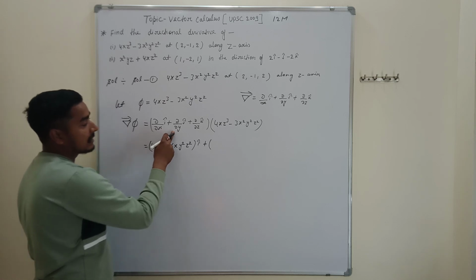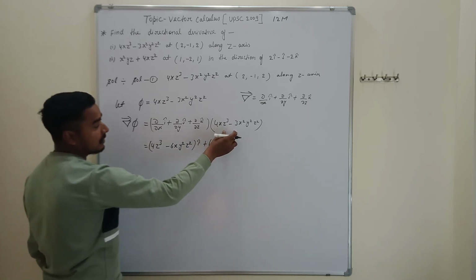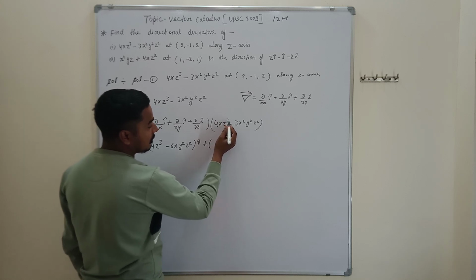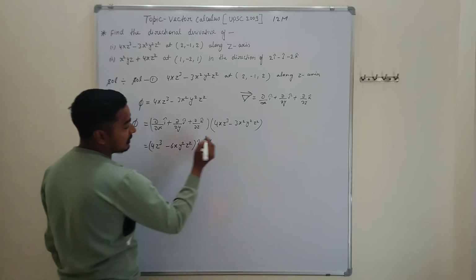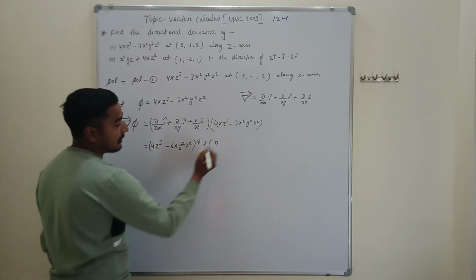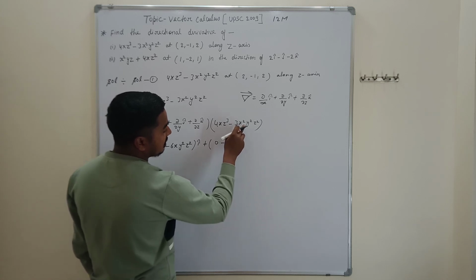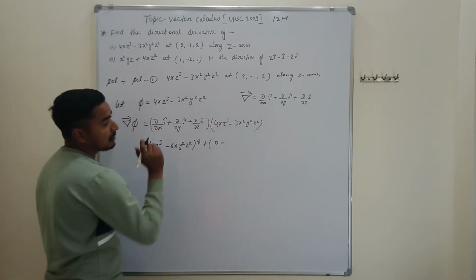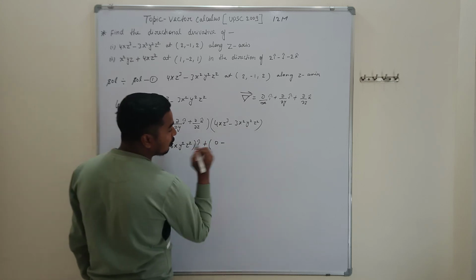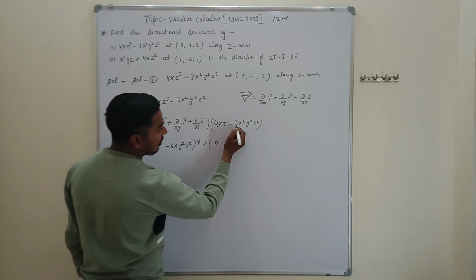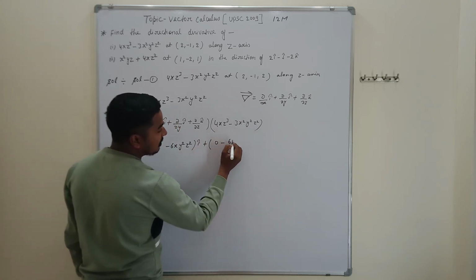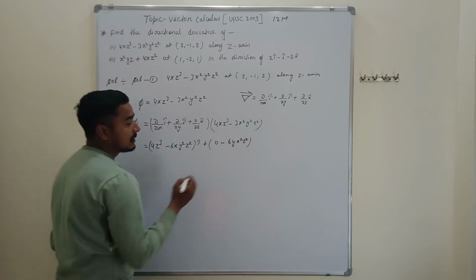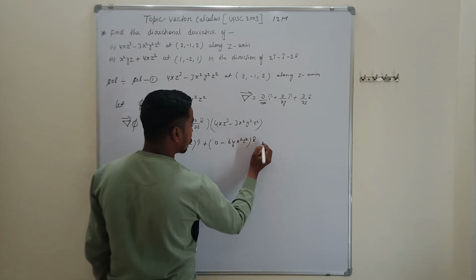Further, for j cap, differentiating the given function with respect to y. 4xz³ differentiates to 0, and here 3x² and z² are constant, and y² differentiates to 2y. So we get 2y into 3, which is 6yx²z². This is for j cap.